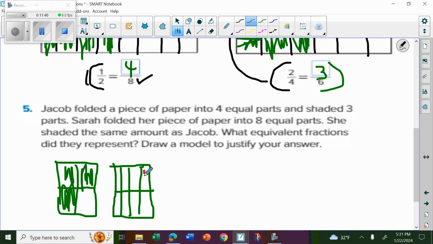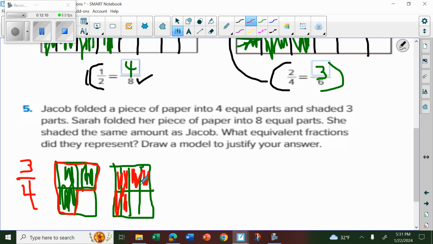So I'm going to do 1, 2, 3, 4, 5, 6. Because this outline is the amount that he shaded, correct? So that means it's 3 out of 4.